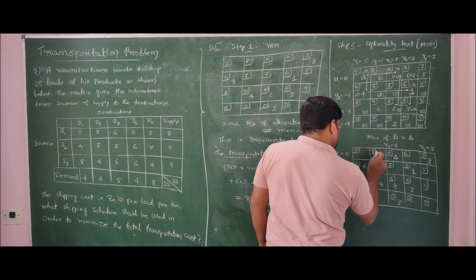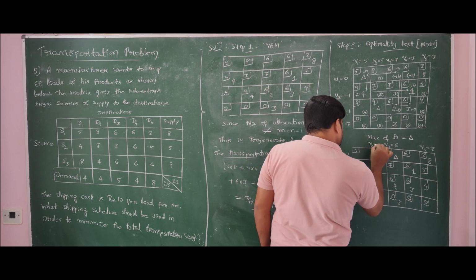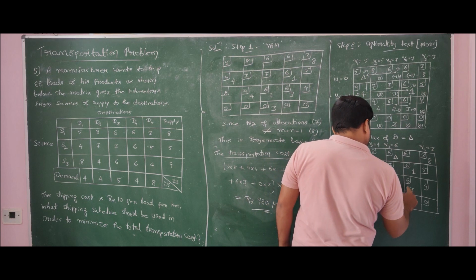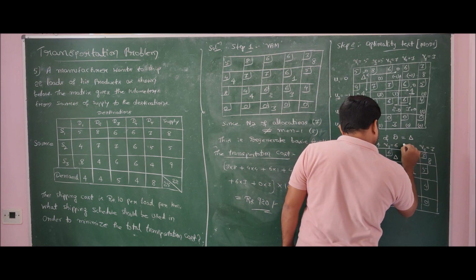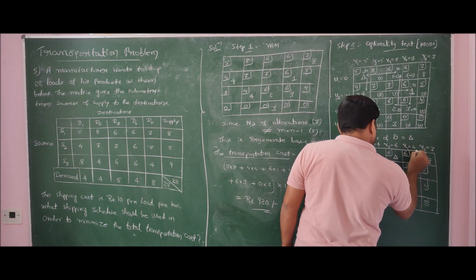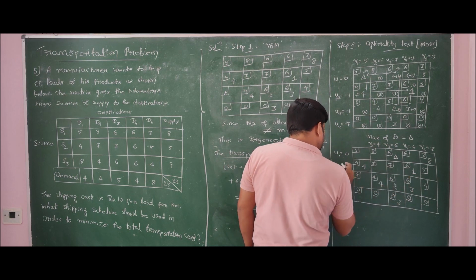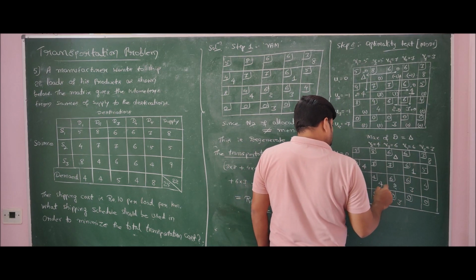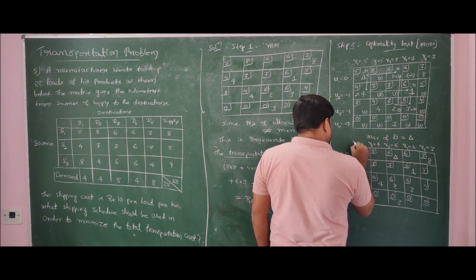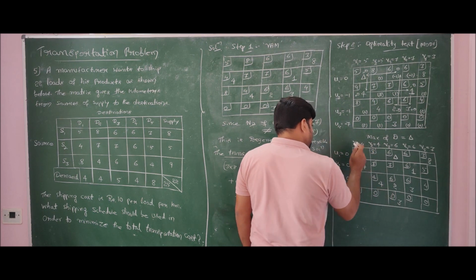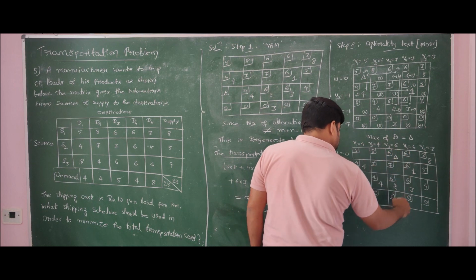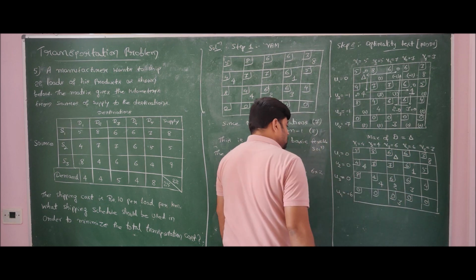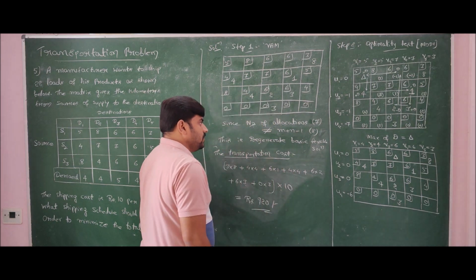Since u3 is known, I can find v2. v2 will be 4 and v4 will be 6. Since v4 is 6, u2 will be 0. Since u2 is 0, v1 will become 4. Since v3 is 6, u4 will become minus 6. So we got all the values of u's and v's.